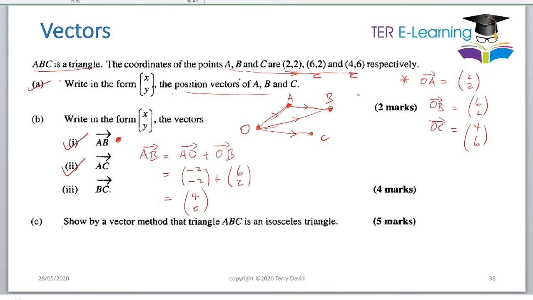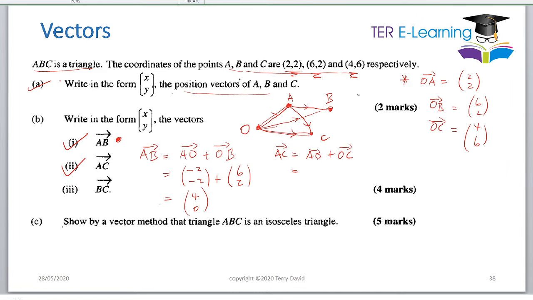All right, so I'm seeing some answers like 2, 4. So if you want to get the vector AC, that is from here to here, that's AC, I can go from A to O and then O to C. So the vector AC is equal to AO plus OC, right?